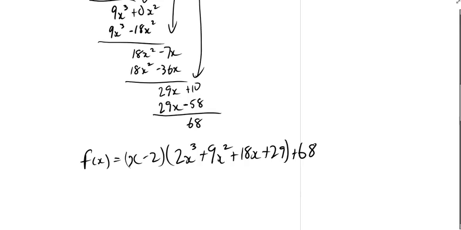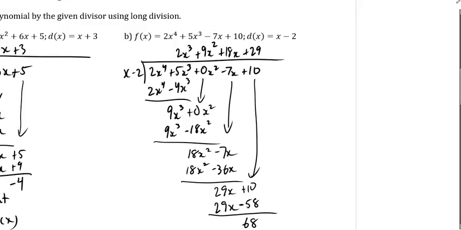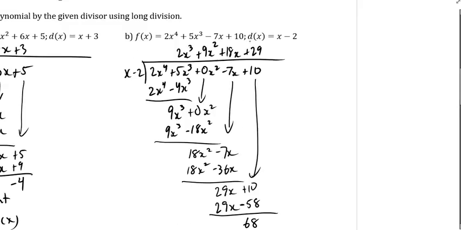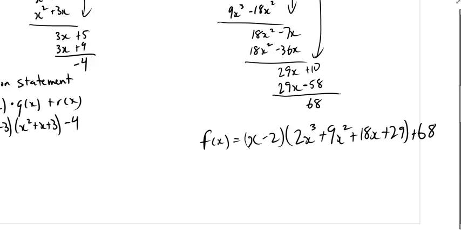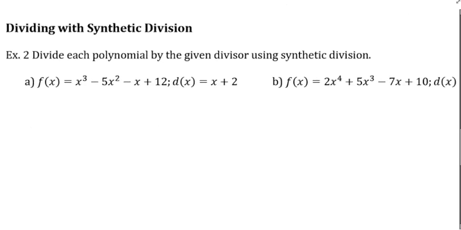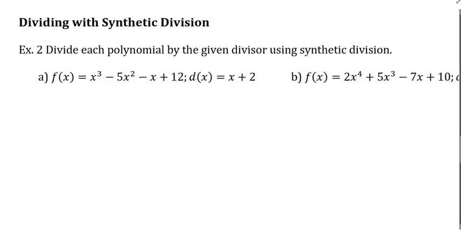You should get back the original f(x), right? They're the same. That's a different version of f(x) from the one that we started with up there. So you could check that by expanding. Should work out. Any questions? That's long division. We have another process called synthetic division.